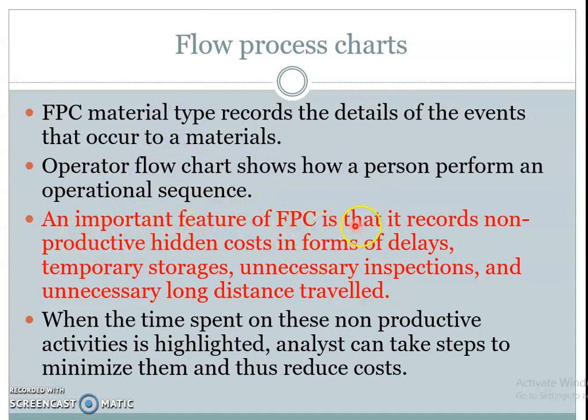One of the important features of FPC is that it records non-productive hidden costs in the form of delays, as it uses the symbol delay. So we can visualize whether there is non-productive time or delays, where there are temporary storages, unnecessary inspections and unnecessary long distance travels. We can examine everything here.